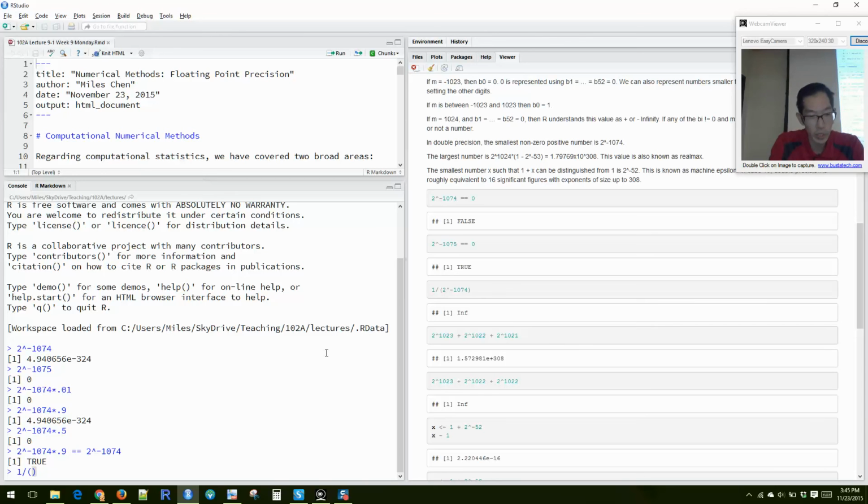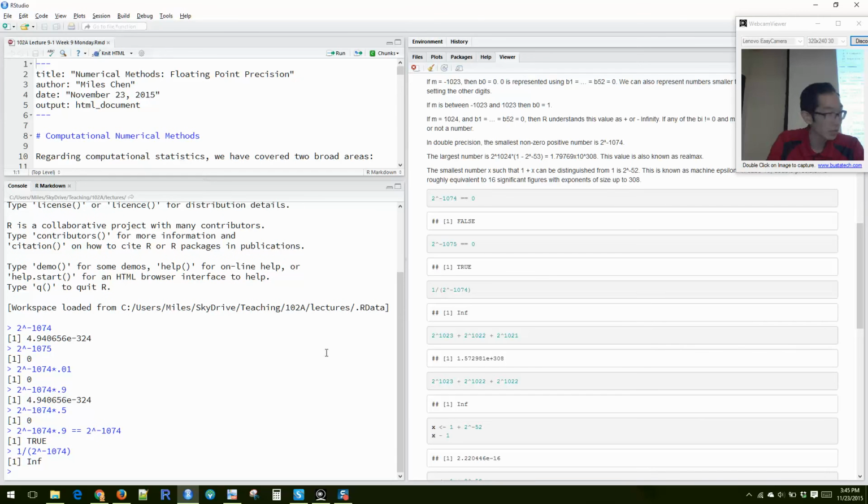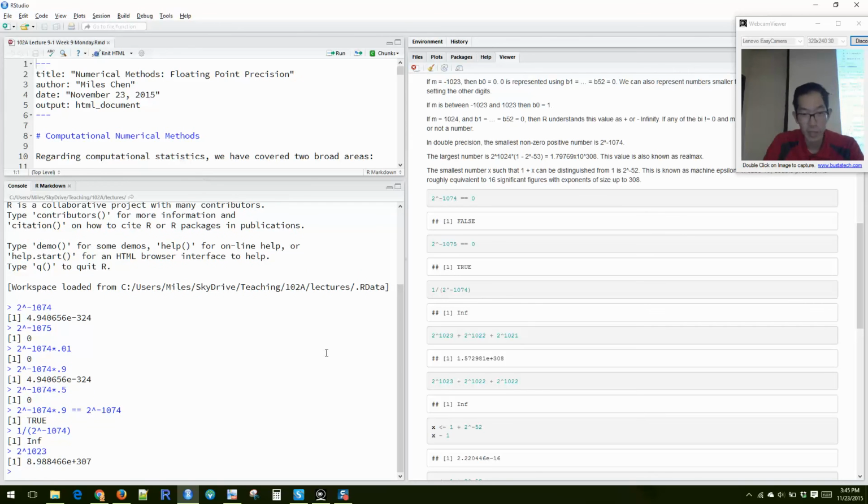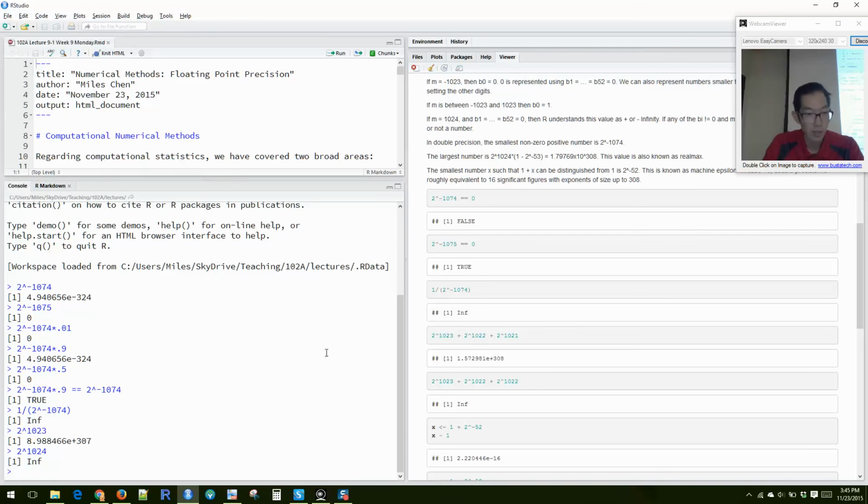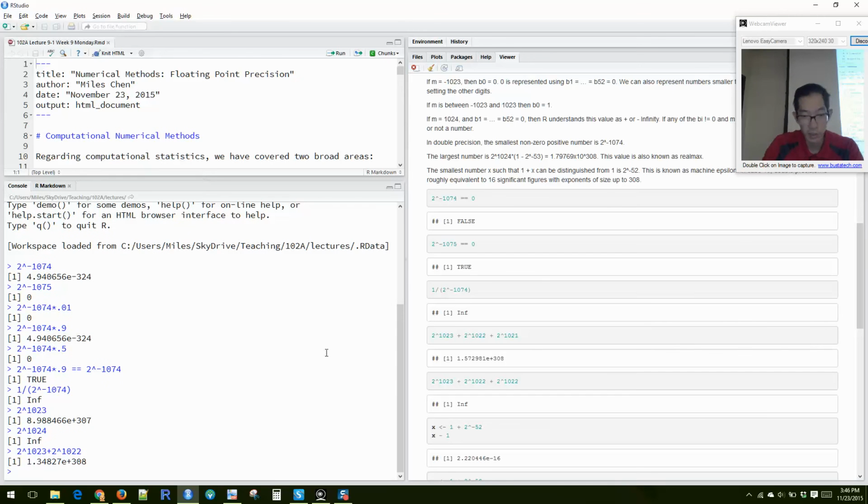If I divide 1 by 2 raised to the negative 1074, that returns positive infinity, okay? If I try to add up a bunch of numbers, okay, so if I have 2 raised to the 1023, I have that, okay? 2 raised to the 1024 is infinity, okay? 2 raised to the 1023 plus 2 raised to the 1022, it can keep track.